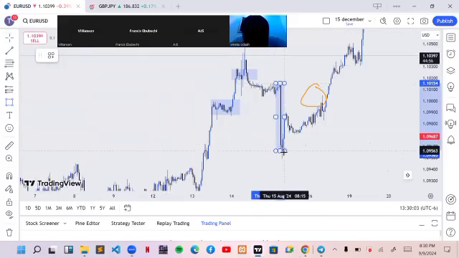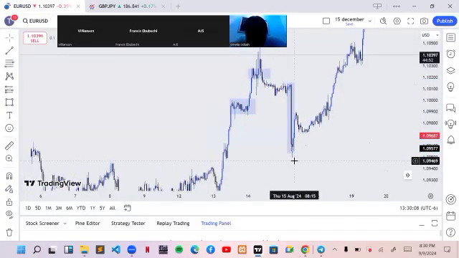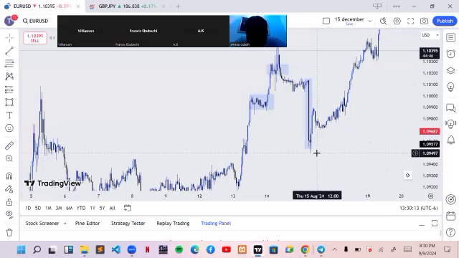Exactly on this specific place, I would have mapped it out as my breaker block instead of the first one on the top. What do you think about that?